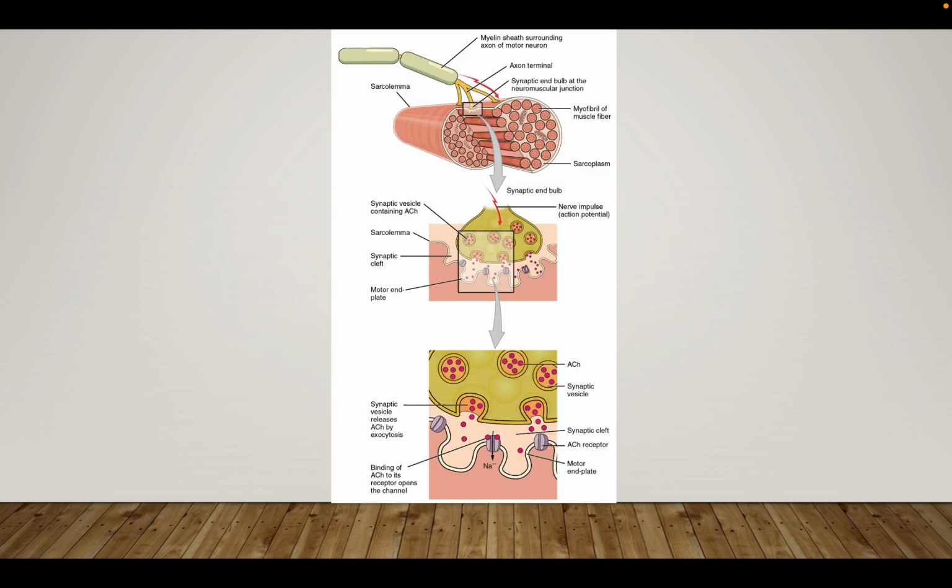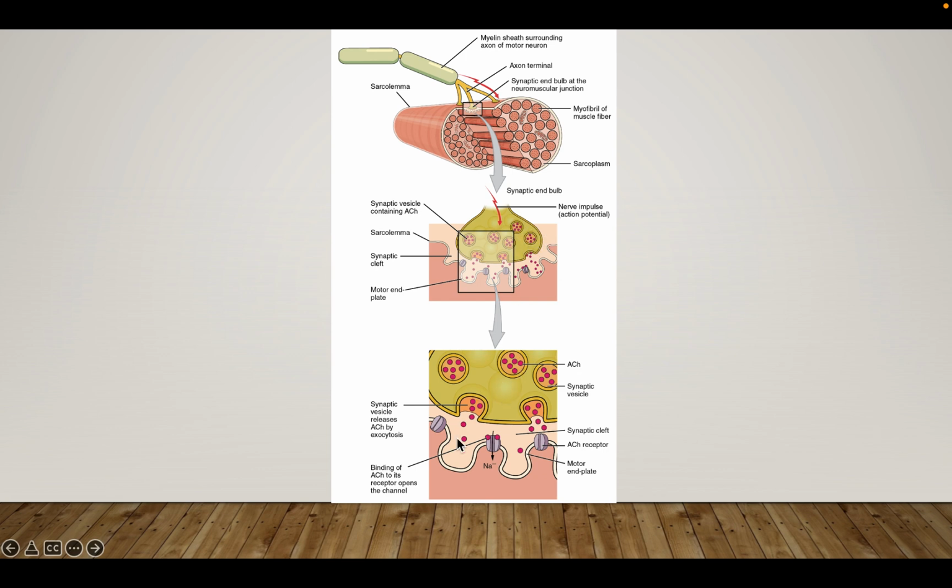Okay, so here you can see, this is just a walkthrough of what we talked about. We see our synaptic vesicles exocytosing their acetylcholine out here. Remember, what was the stimulus for this happening? This was calcium rushing in.